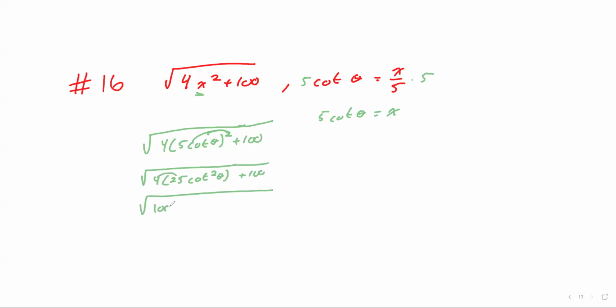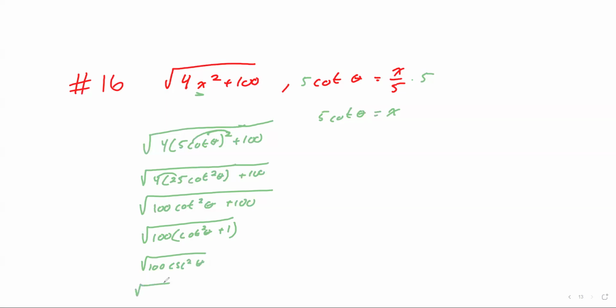So this gives me 100 cotan squared theta plus 100. And just like before, I'm going to factor out a 100. And then I see that cotangent squared, forgot the square, plus 1 is the same thing as cosecant squared. So I now have 100 cosecant squared theta.